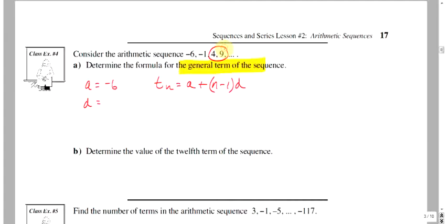What do I add to 4 to get 9? 5. Is negative 6 plus 5 negative 1? Yeah. So it doesn't matter which ones you use. D is 5. Substitute those in here. Tn is negative 6 plus n minus 1 times 5.